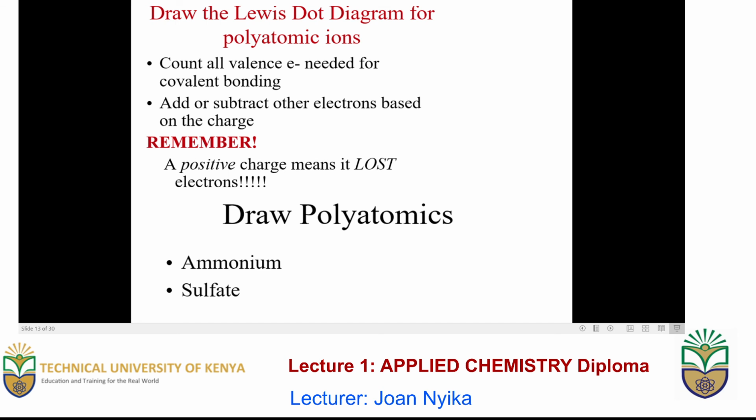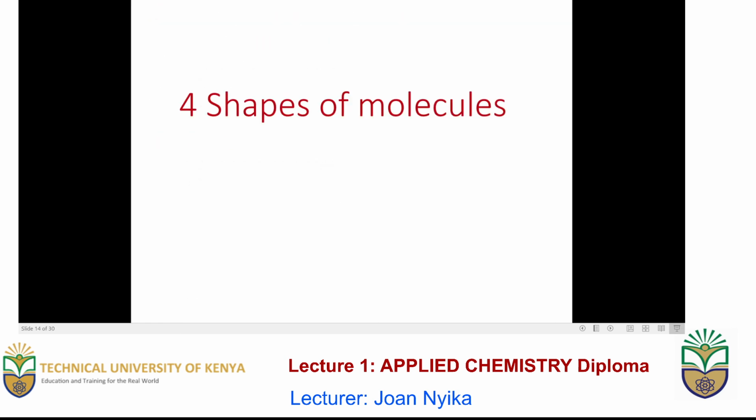Do not forget what we have said, that you must know the valence electrons that are needed. You need to know when to add and when to subtract, and when to introduce a double or a triple bond.